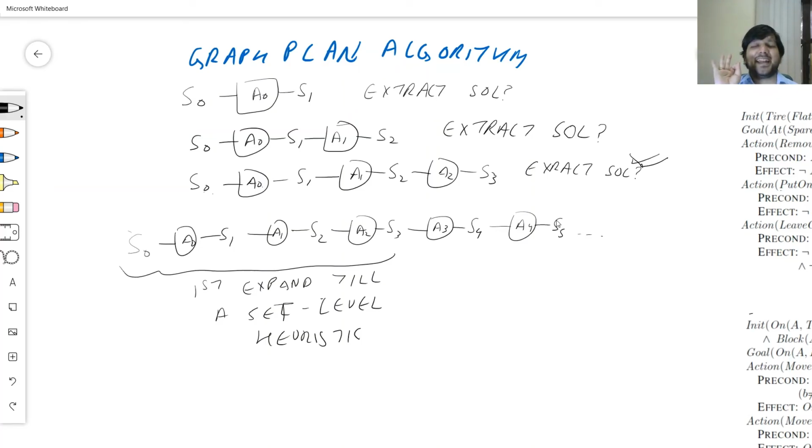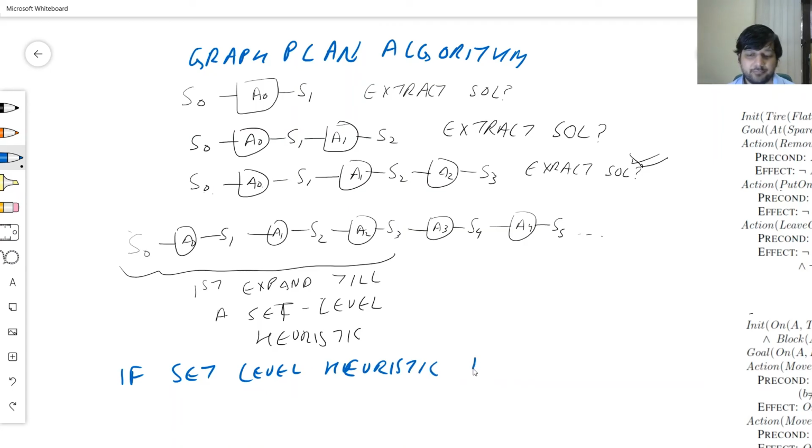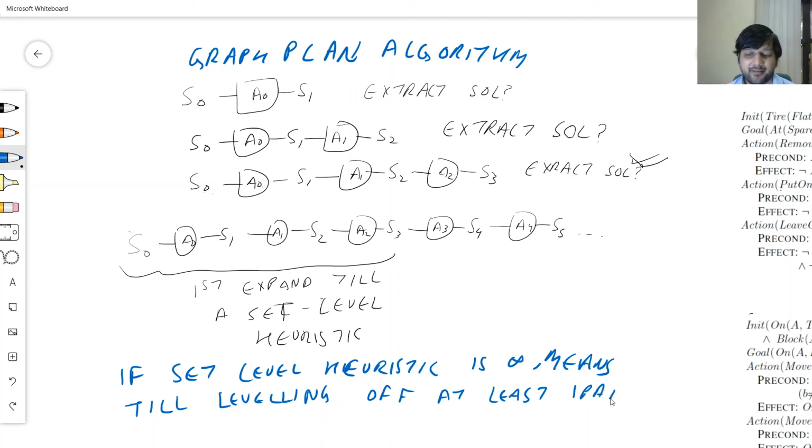The excellent thing that can happen is that if set level heuristic is infinite, it means till leveling off, at least one pair of subgoals are mutex, and this of course means that there is no solution.